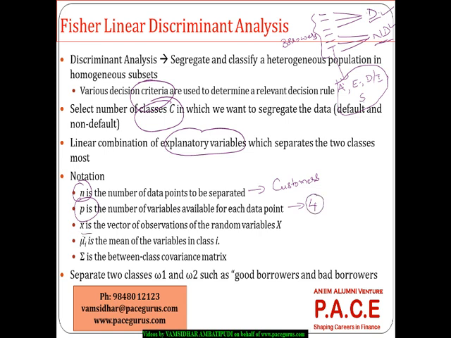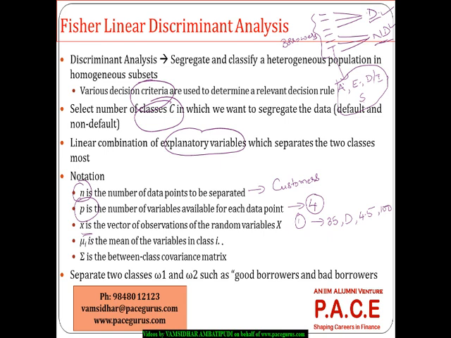X is a vector of observations, okay, for the customer 1. For the customer 1, what is his age? What is his education level? Let's say a doctorate. What is his debt to income ratio? 4.5. What is his salary? Some 100,000. So this is a vector which we are having for each of the observation.